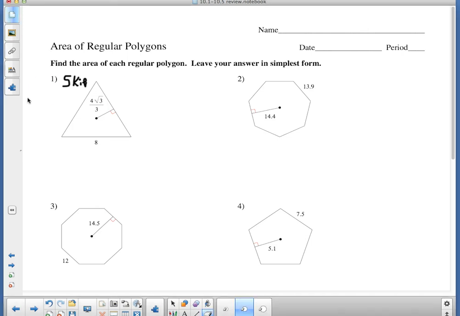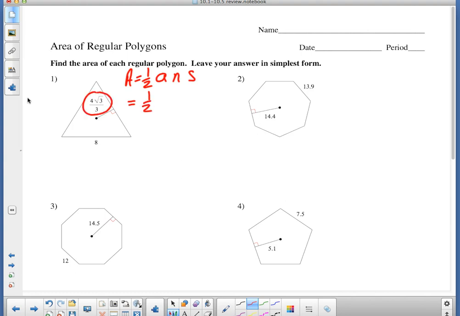That's pretty straight up. Remember, in regular polygons, we are looking at a formula of A equals 1/2 a n s. So I got 1/2. I got a, which is 4 the square root of 3 all over 3. I suppose I should actually write that a little bit better so that they line up. I got 1/2 times a, my n is 3.